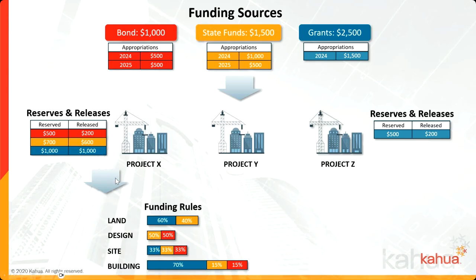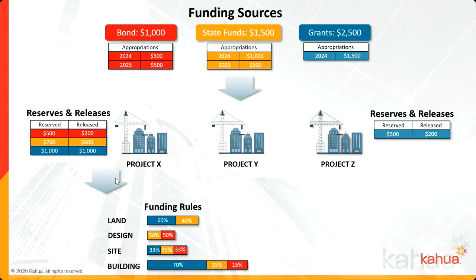And then, without having to do a lot of manual work with how these need to be distributed, if there are rules associated with how you spend these funds within projects, you can create those rules within Kahua, whether those are percentages, or maybe I need to spend 2024 before I can dip into 2025. You have the ability to write that business logic into how these fund sources are going to be applied.